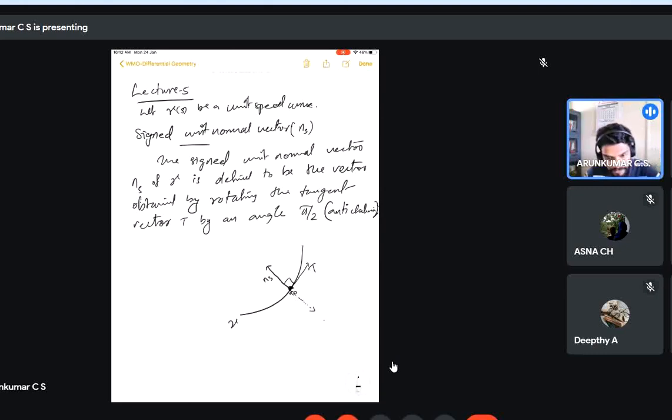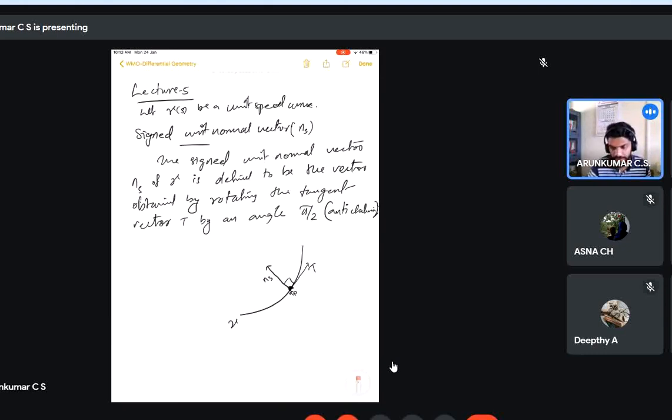This is also a normal vector at that point, but I'm taking the vector which is obtained from T by rotating T by pi by 2 in the anti-clockwise direction. That's why I'm considering this vector, and it should be a unit vector.